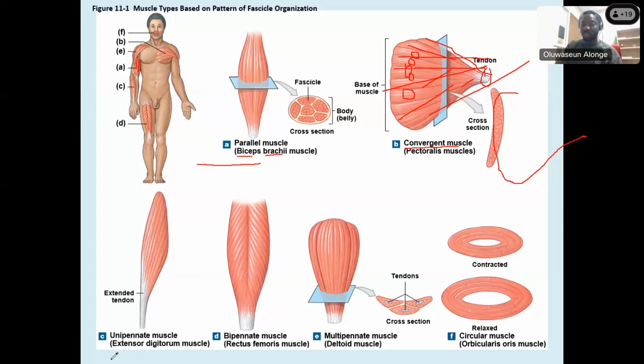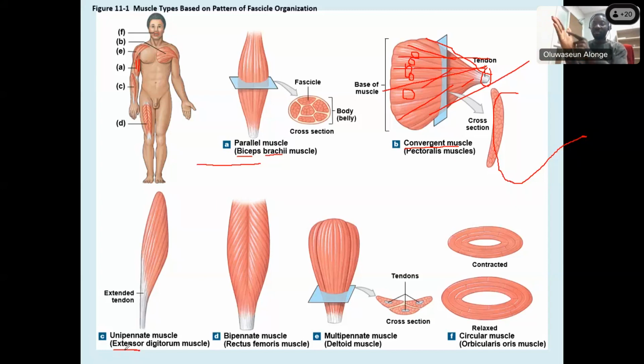You see it in the extensor digitorum. Extensor digitorum simply means that they help with extension. When we're dealing with joints, extension means to extend the angle of a joint and restore it to normal position. If I want to extend this digit, this is flexion.